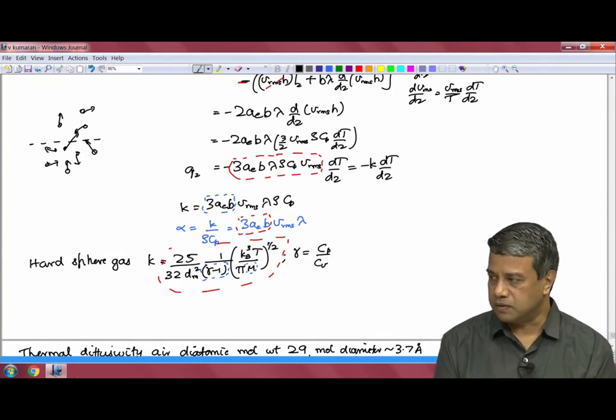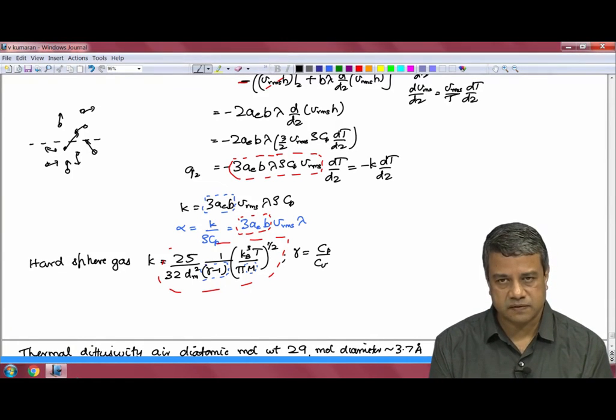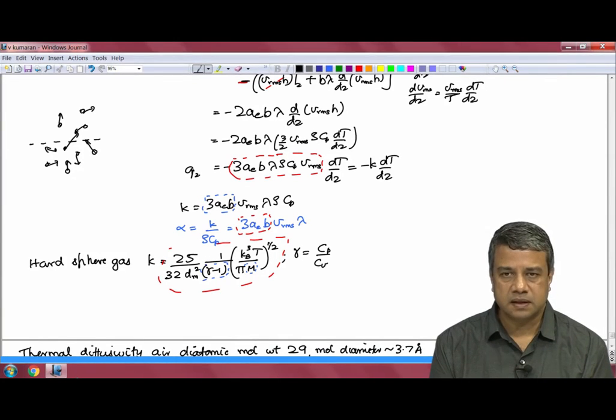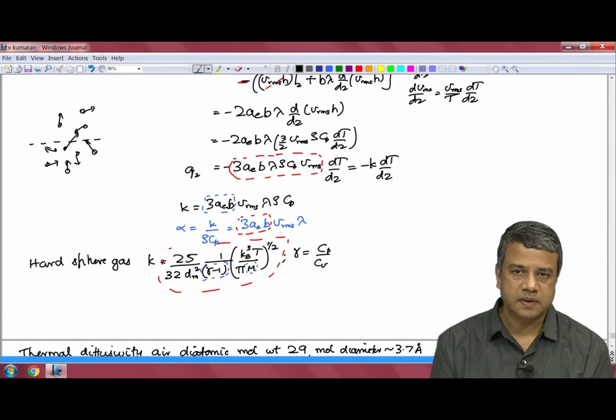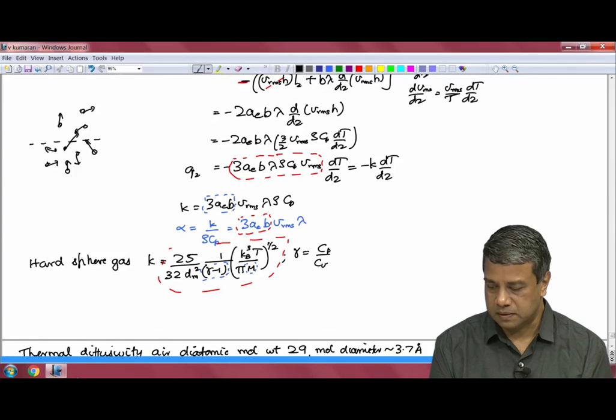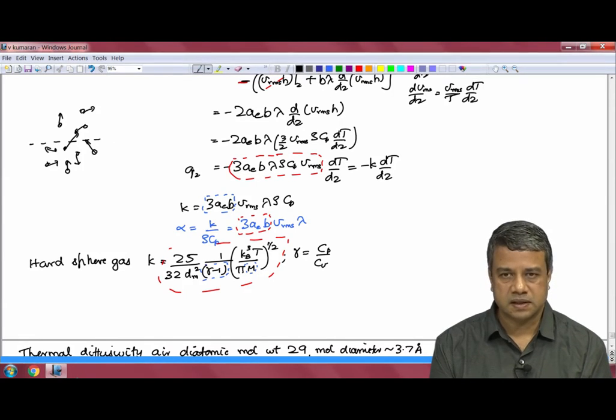And I gave you a more exact expression for this, which involves the ratio of specific heats Cp by Cv. So, this is thermal conductivity and thermal diffusivity in gases, where the thermal diffusivity has the same dependence on the mean free path and the root mean square velocity as that for mass diffusivity.